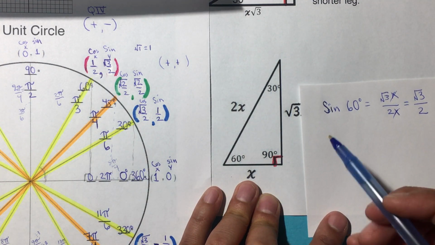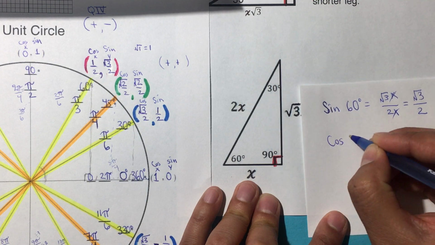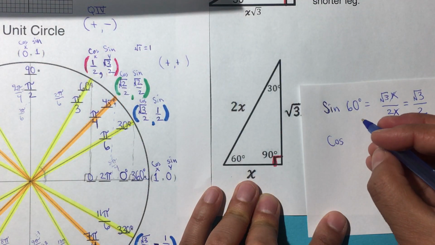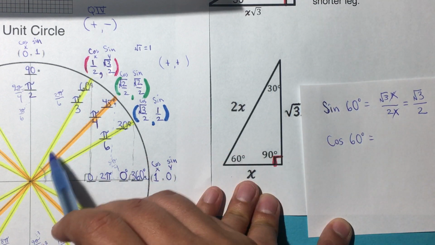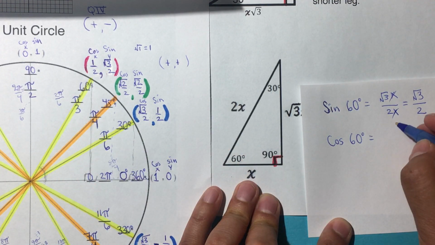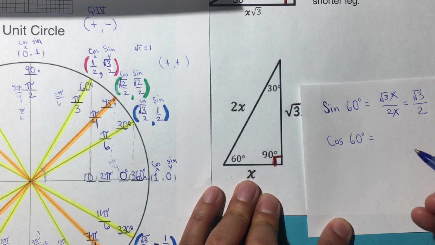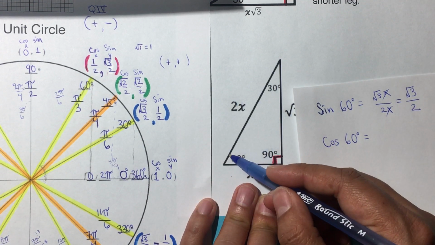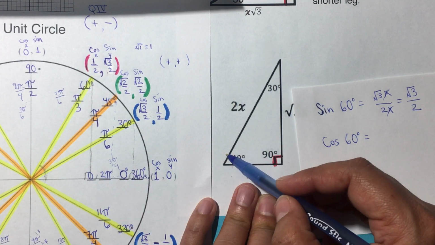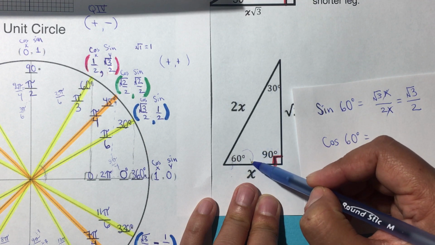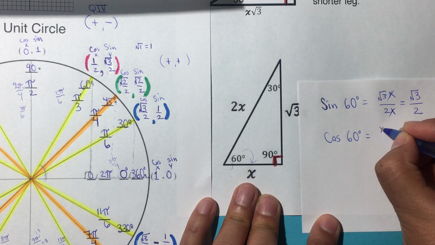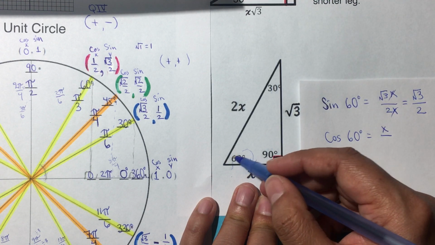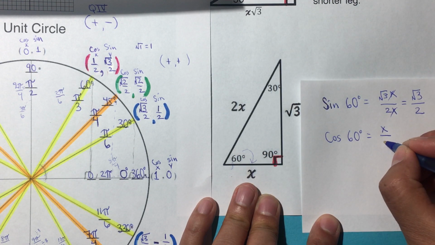Okay. Now for the cosine, meaning the x value on the unit circle, cosine of 60 degrees, this is the 60 degrees, is going to be, again, adjacent to that angle, okay? The 60 is right here, so adjacent will be the side touching it, so it's going to be x divided by hypotenuse, which is 2x.